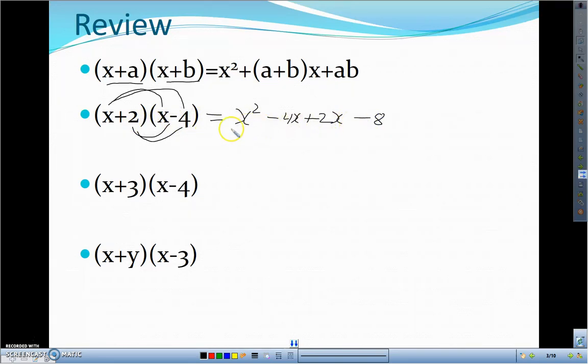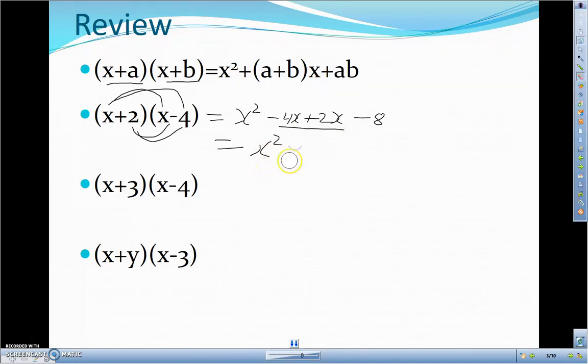There we've expanded, and now we simplify by collecting like terms. These terms here can be combined, but the other ones can't. Minus 4x plus 2x is... my eraser. Let's try and do that again. It'll be minus 2x minus 8.